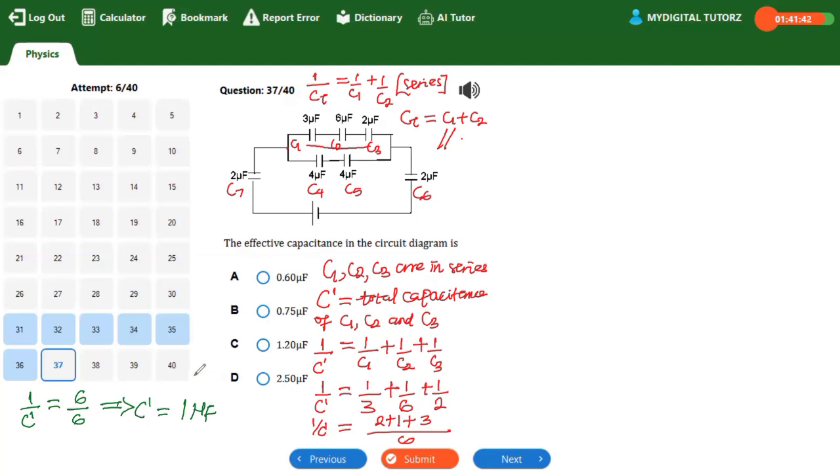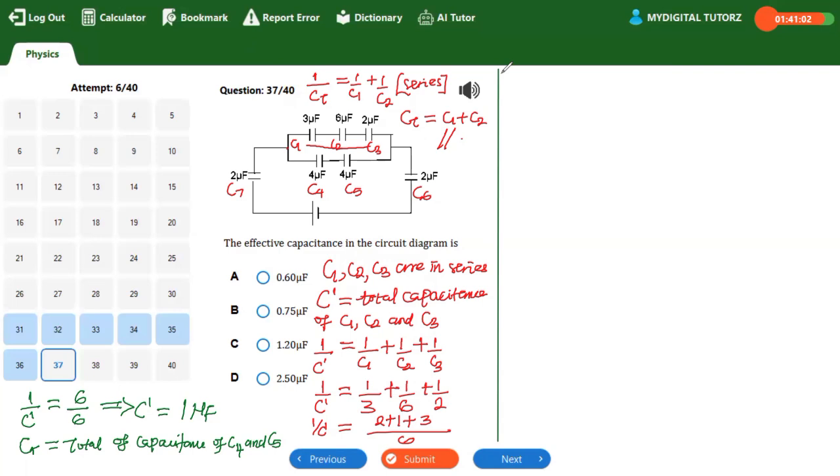Is that understood? So the next thing, we can do the same thing to C4 and C5. Let's say we call it CR, any name to represent the total capacitance of C4 and C5. Exactly. So let that represent it. Then we quickly use the formula again.